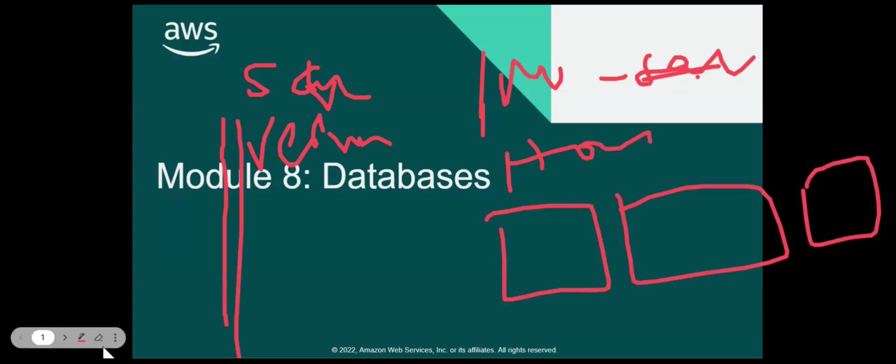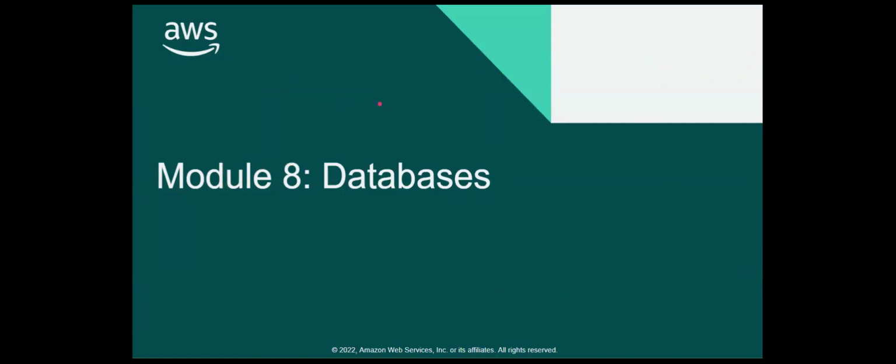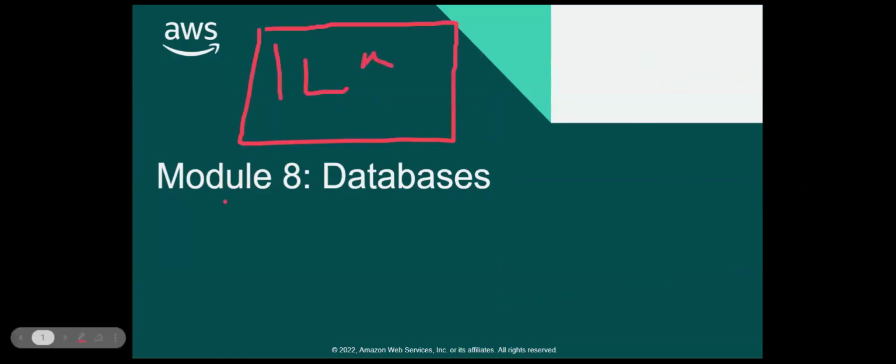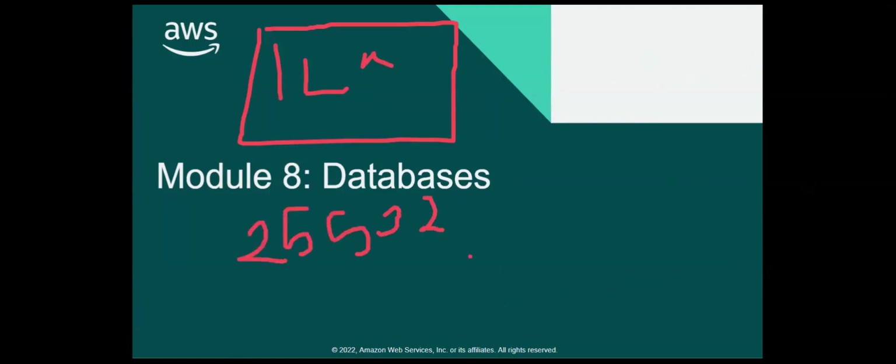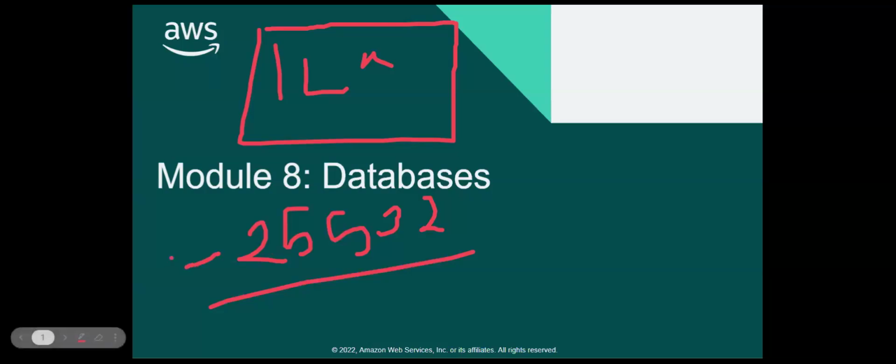Now how are they splitting this? For example, you have 1 lakh data, and you want to find a number called 25532. You want to fetch this data from this 1 lakh data, so you will search for this.